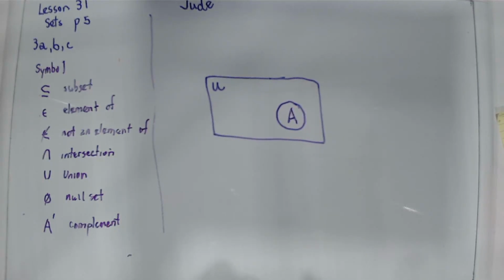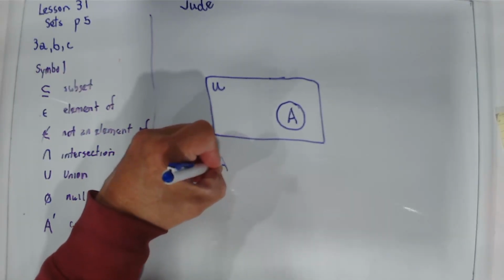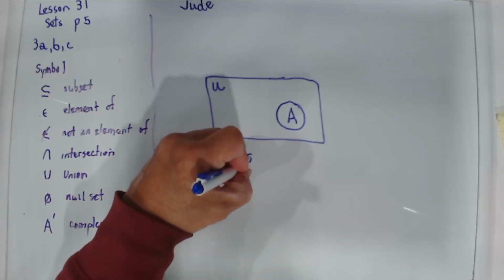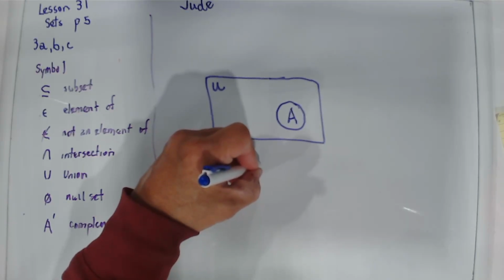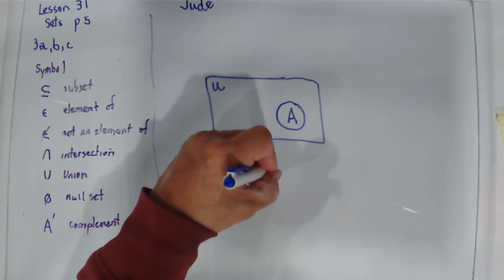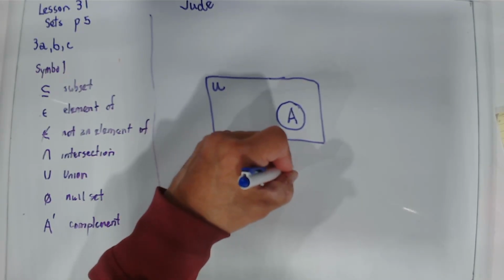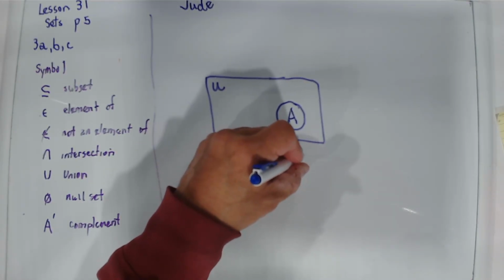So if I was defining A, I would write A is equal to, and I'd list out all of the elements. You know, x1, x2, the x just means whatever.